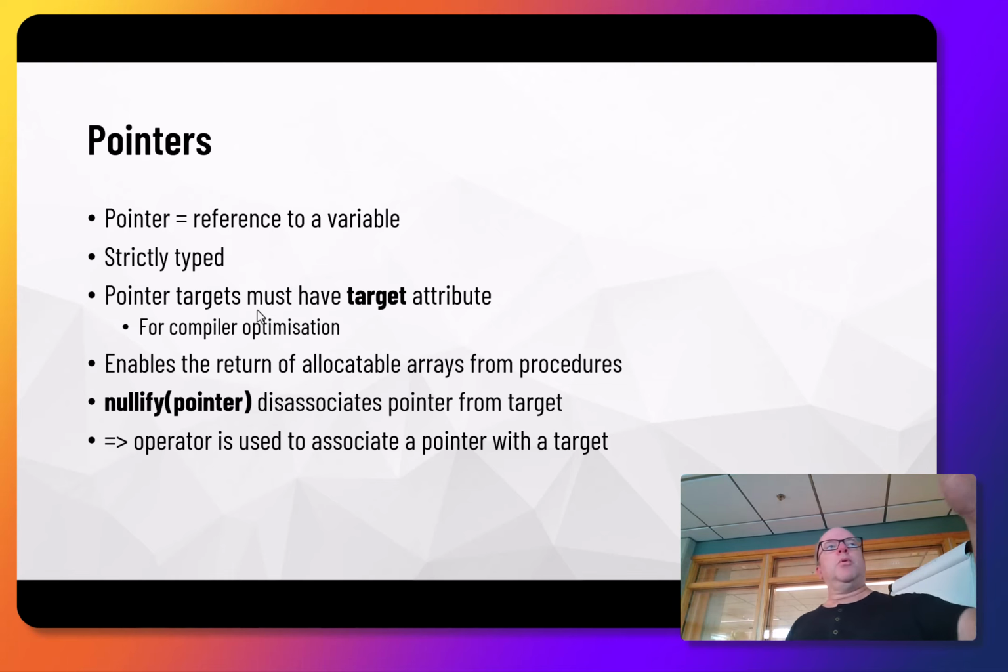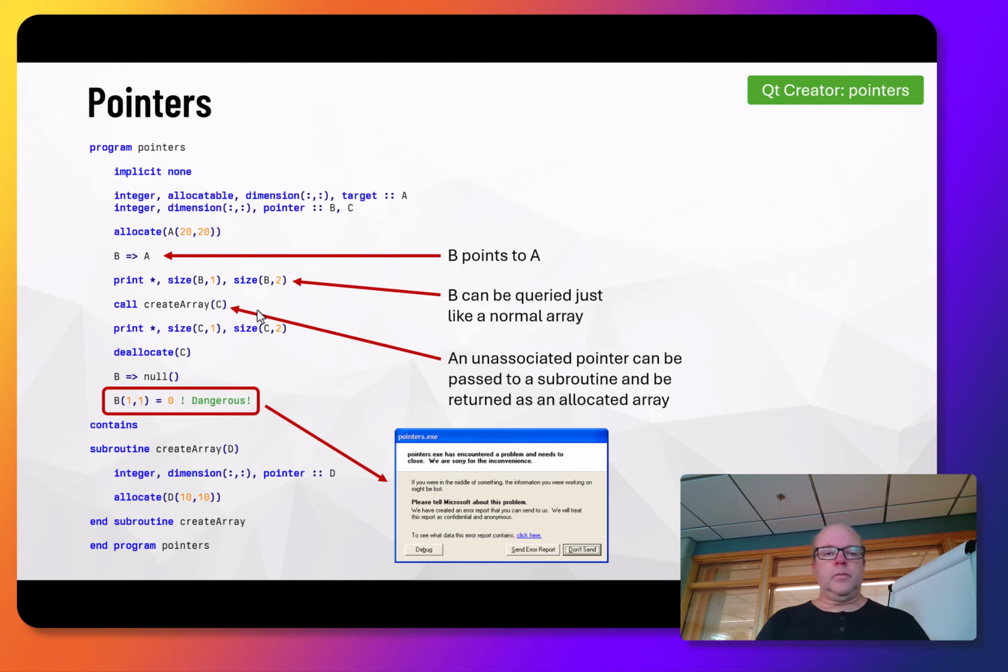You use nullify pointer to disconnect the pointer from a target. And you use the equal sign followed by the greater than sign to associate the pointer with the target. So that is the kind of assignment. You don't use the normal equal sign assignment. You use this to point to a target.